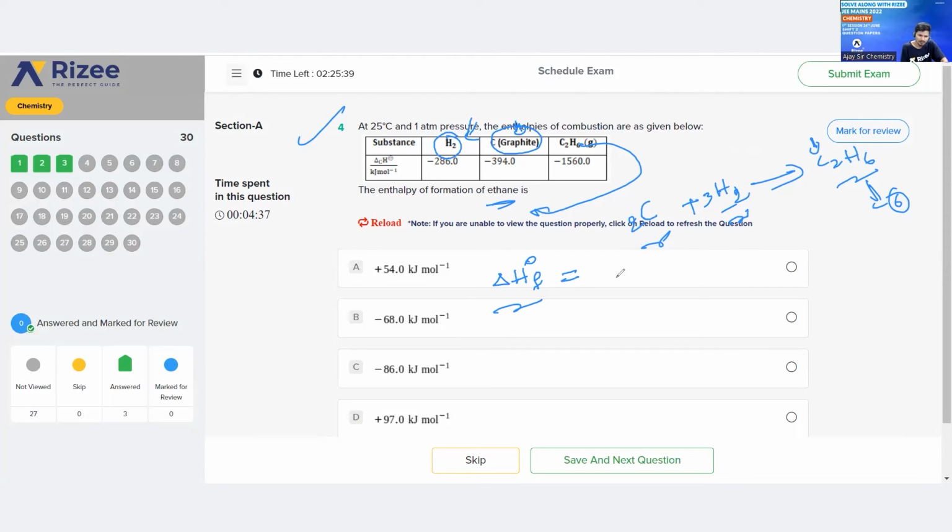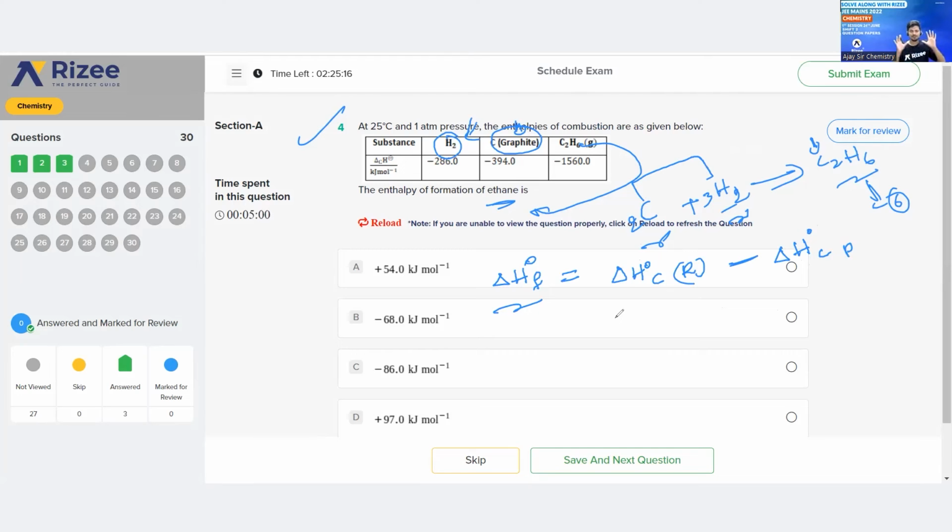See here, enthalpy of combustion of reactants, that means this carbon and this H2, minus, very important, minus enthalpy of combustion of product.